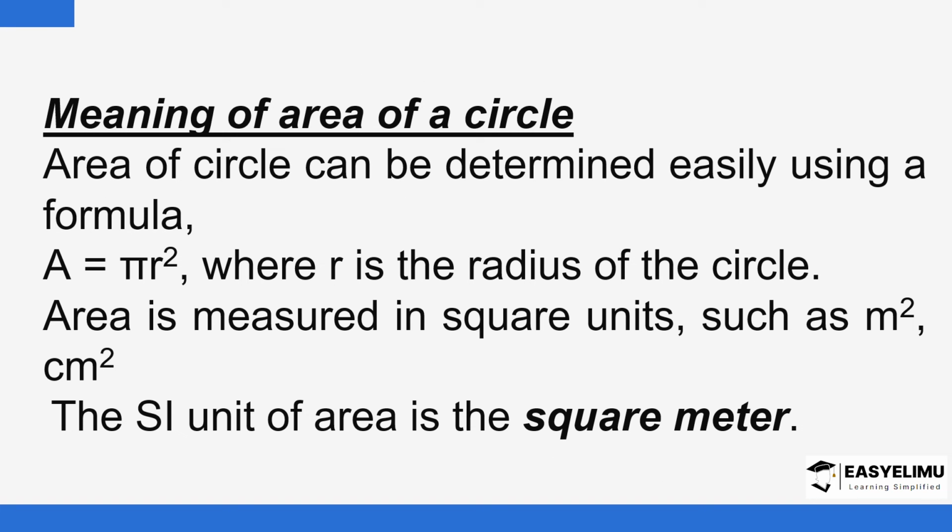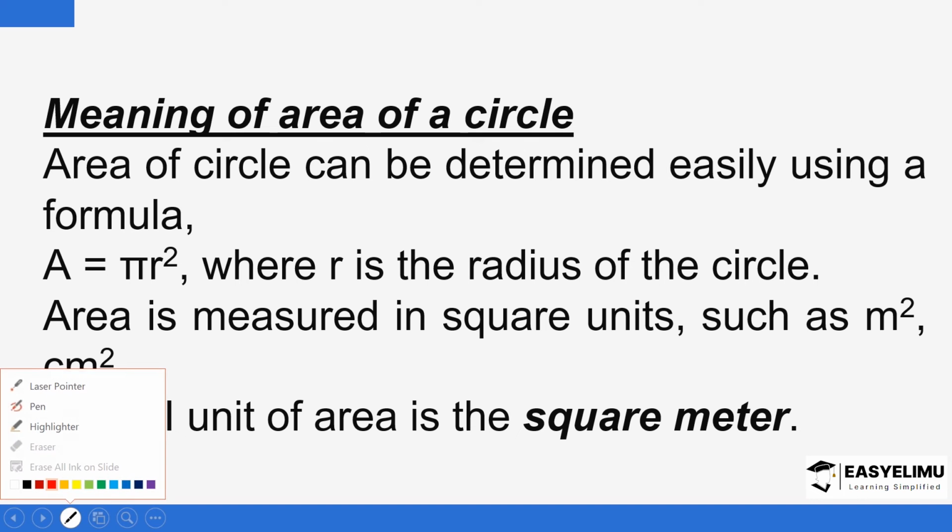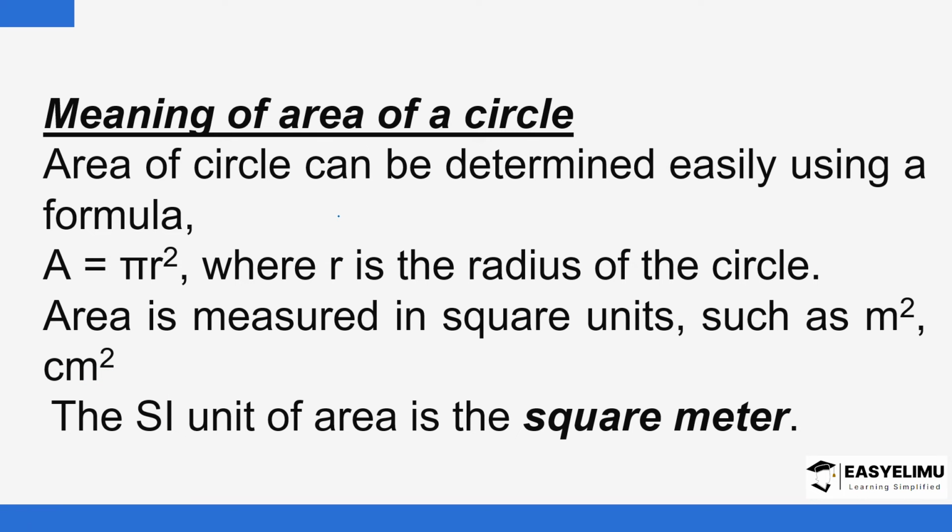So a circle is a region that is traced by a line at a constant distance from a given point. So you have a line. When you move it round this way, it will be tracing some path.